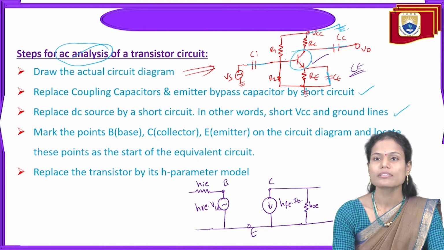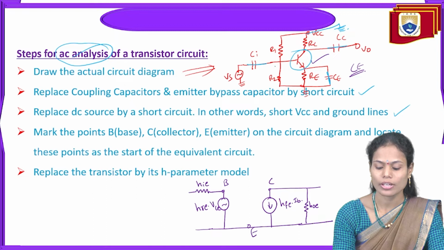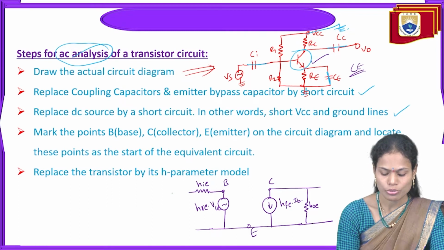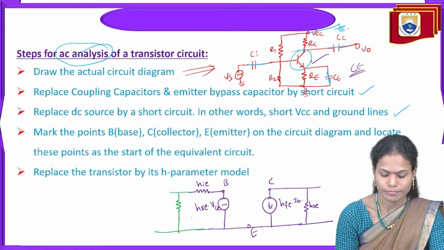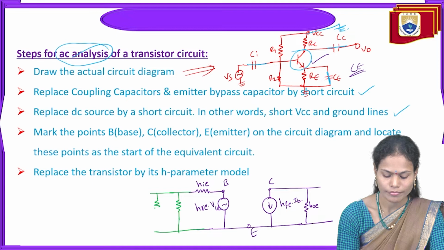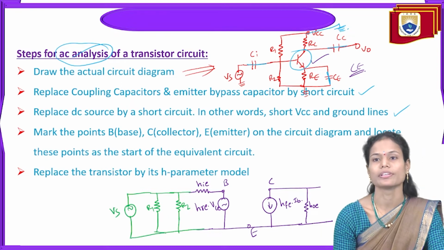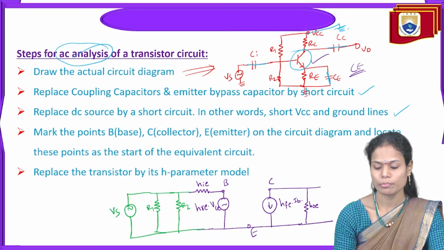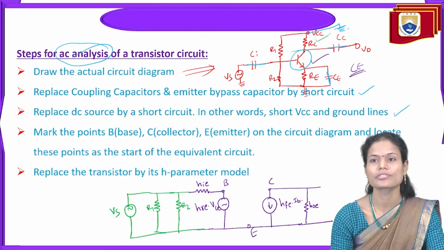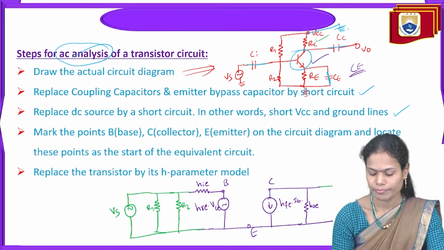So along with this, for the base terminal, R1, R2 resistances are also connected between base and emitter. So those R1, R2 resistances I am connecting here. And also we are having the source voltage Vs. And across the output side we are having the collector resistance here.